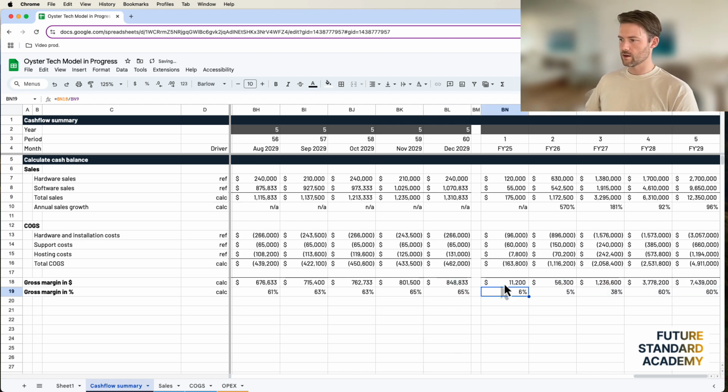You can see on an annual basis what this looks like. Not great in the second year either, although I don't think this is right suddenly.